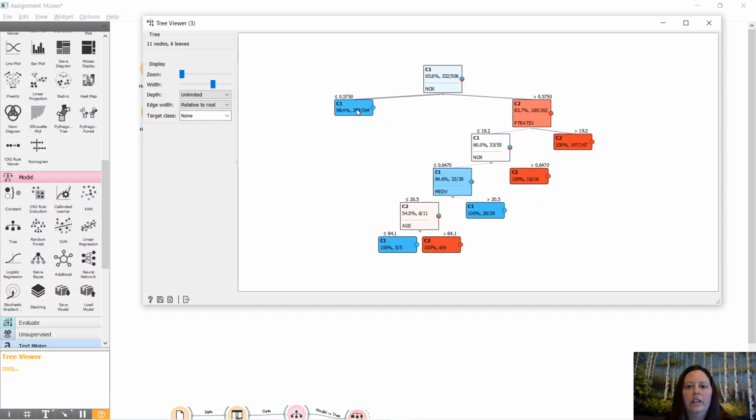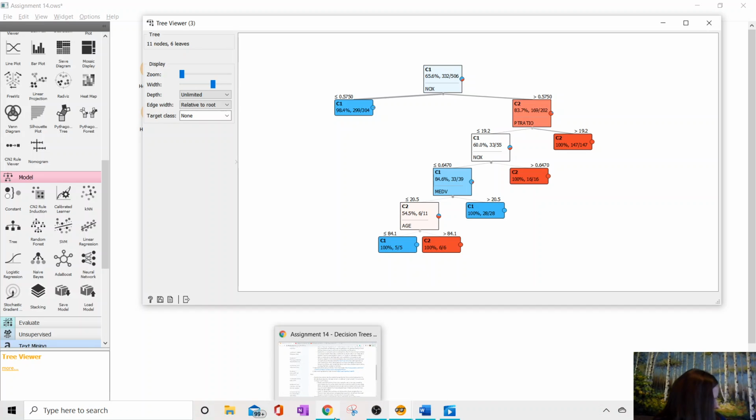So if the pollution is low, then you're going to be in C1. However, if the pollution is greater, you're going to be in C2, but not necessarily. So there's more to the decision tree to find out. Once you go to student to teacher ratio, then it goes back to pollution, which I thought was interesting. And then age of the house determines which category you're in as well.